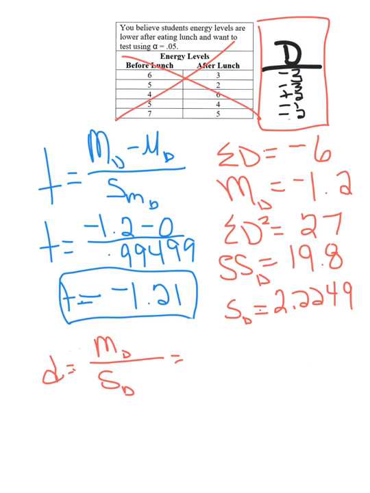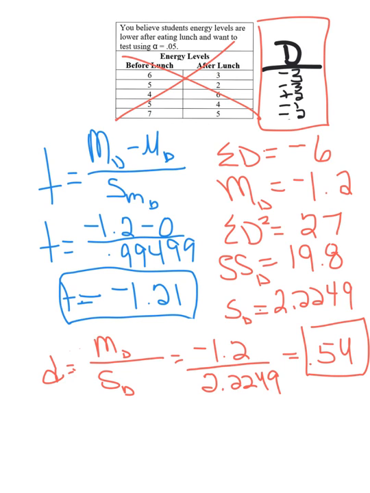So we end up with negative 1.2 divided by 2.2249. Okay? 1.2 divided by 2.2249. So we end up with 0.54 is our effect size. So now we have our effect size for our related measures t-test.